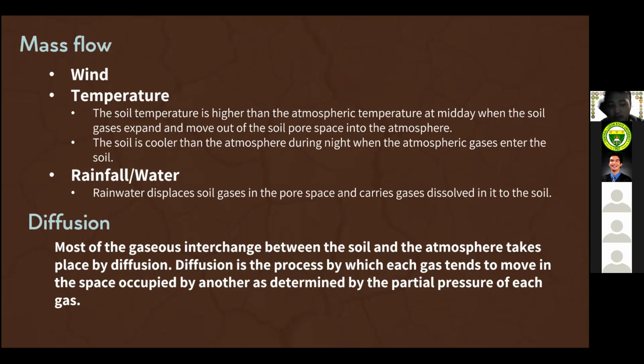So it's all about the concentration of gases. The more concentrated yung oxygen sa free atmosphere, then less oxygen ang meron tayo sa soil air. So maaaring yung ibang oxygen sa free atmosphere ay pumasok dun sa soil air natin.